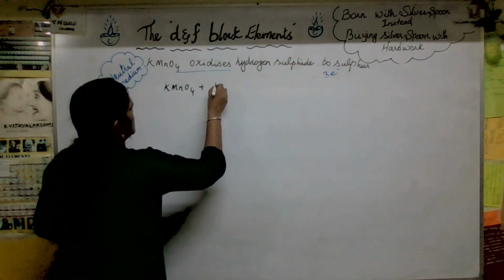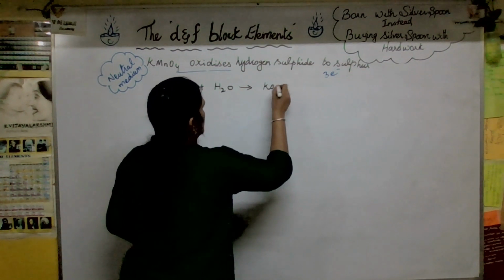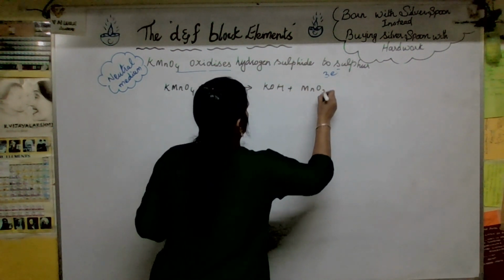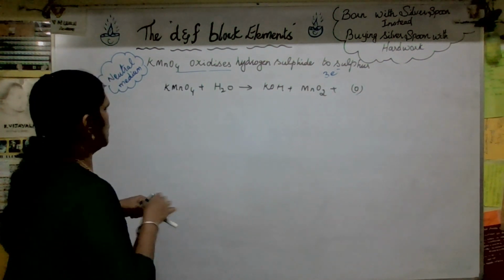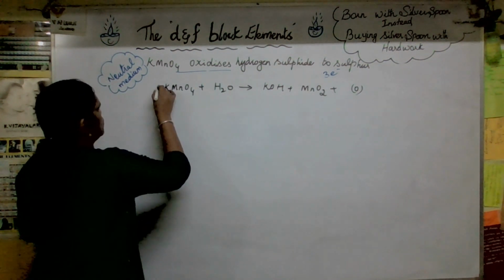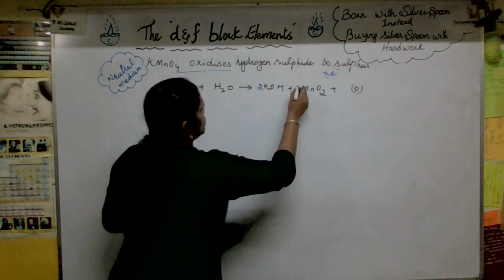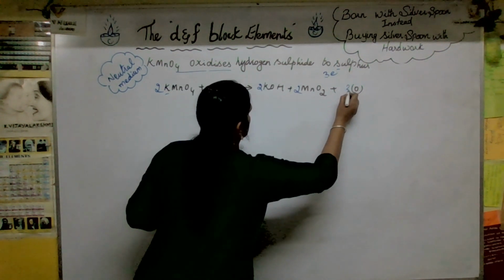KMnO4 plus H2O gives KOH plus MnO2 plus oxygen. Here, 2KMnO4 gives 2KOH and 2MnO2 plus 3 oxygen.